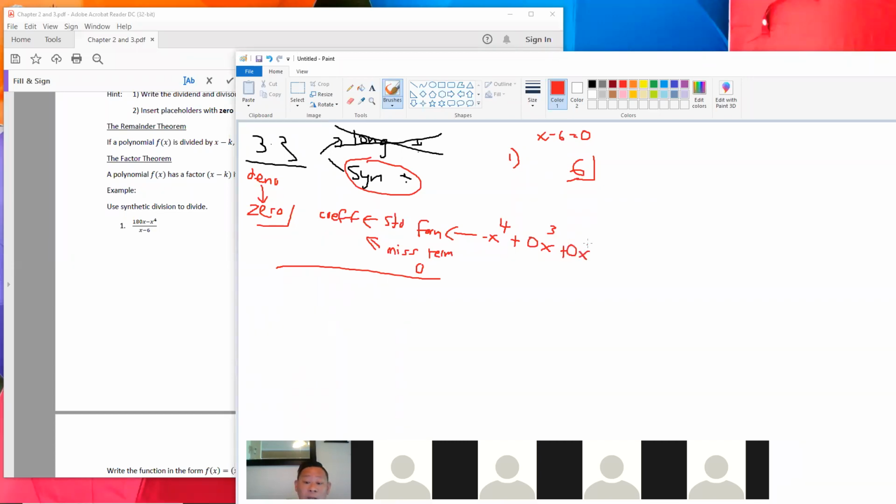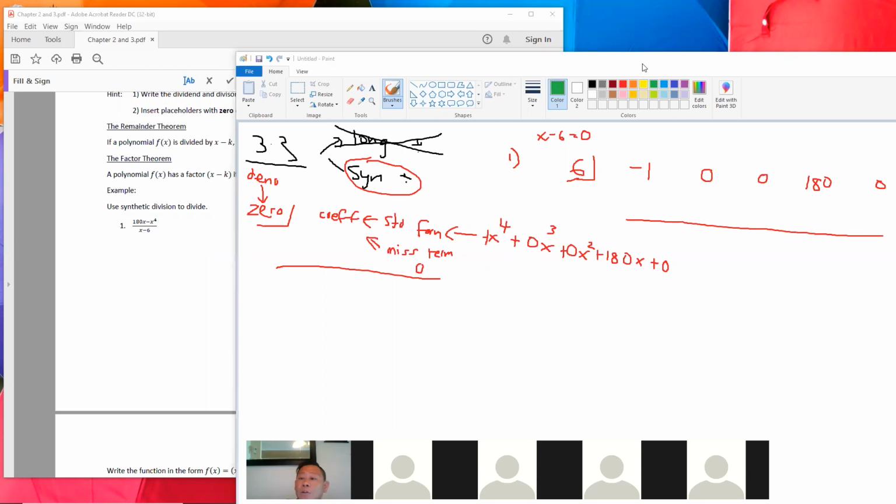No, you also have to put 0x^2. We have 180x. Do we have any constant term, meaning number term? That one is also no, so you have to put 0. So the coefficients are -1, 0, 0, 180 for the x term, and 0 for the constant term. You guys all right here?